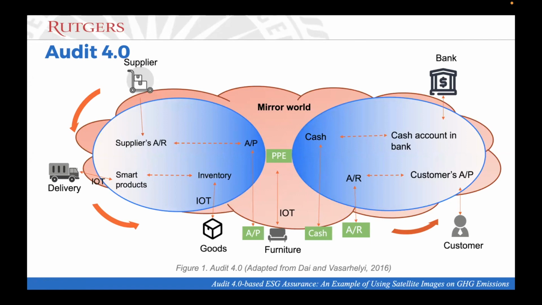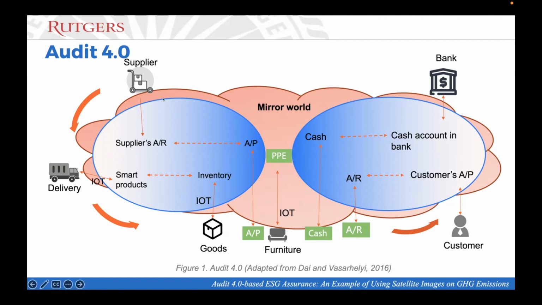Audit 4.0 piggybacks on the technologies in Industry 4.0, where every item in the physical world has a virtual representation in the mirror world. It's kind of like the metaverse, where you can get the data through technology. Then in the mirror world, you conduct analysis, monitoring, and auditing.